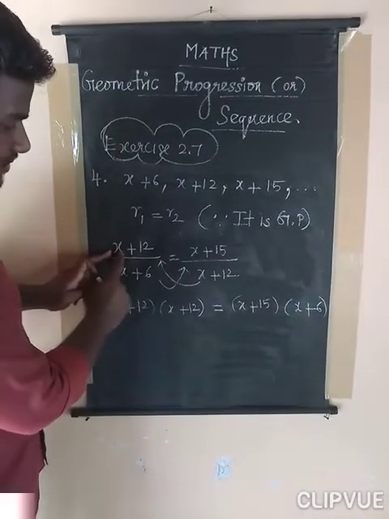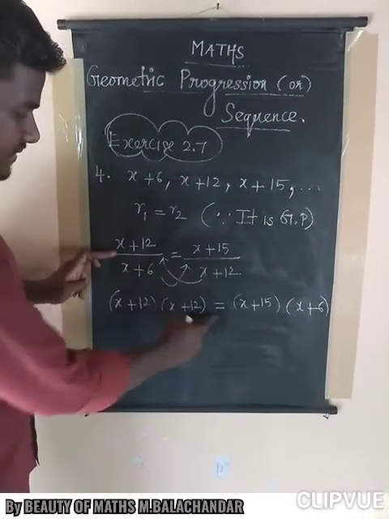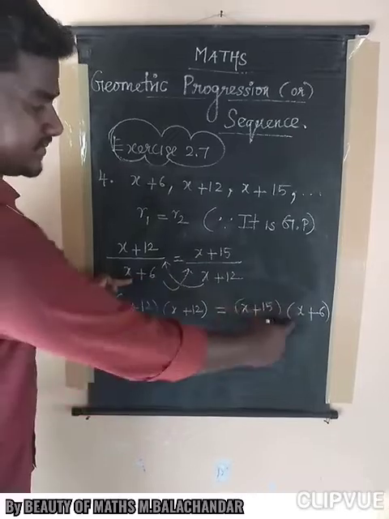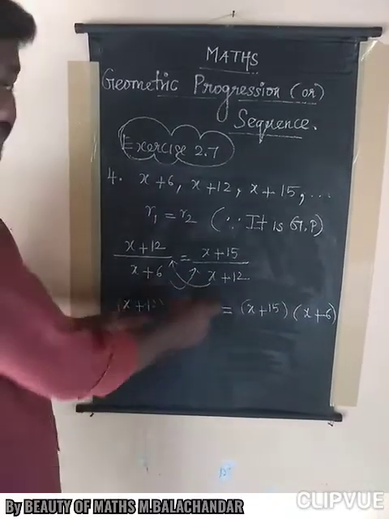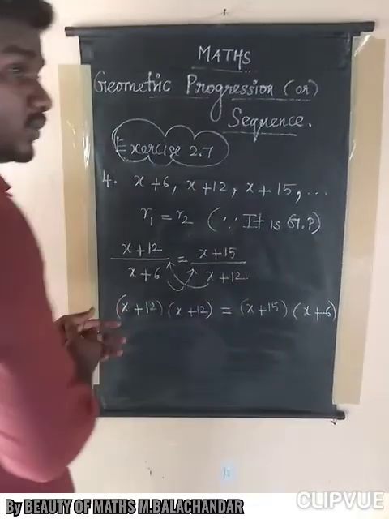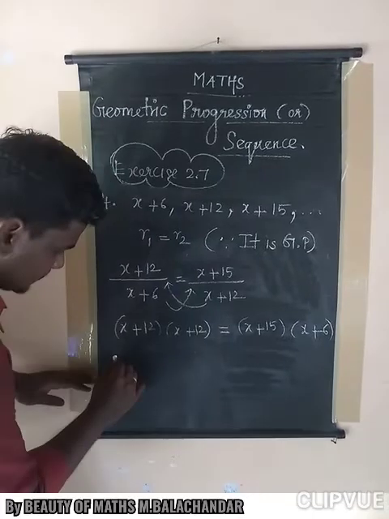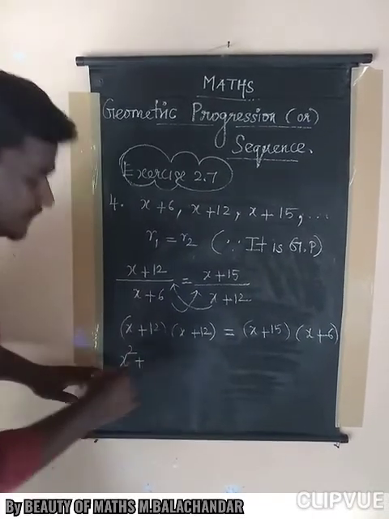First we multiply this x plus 12 into x plus 12, which is equal to x plus 15 into x plus 6. It is in the form of a plus b whole square. We know that a plus b whole square is equal to a square plus b square plus 2ab.